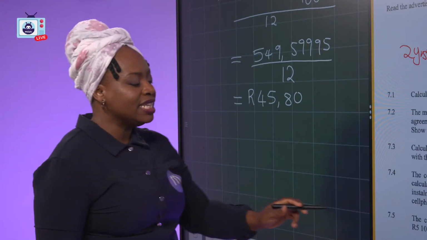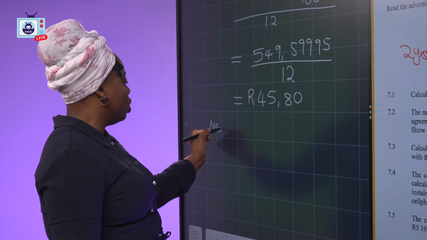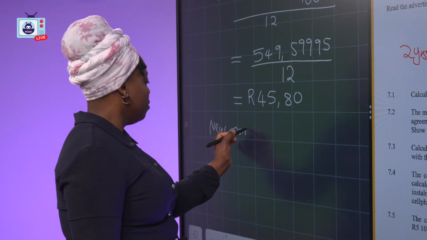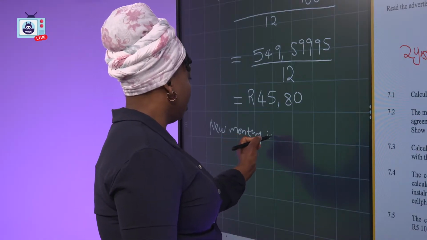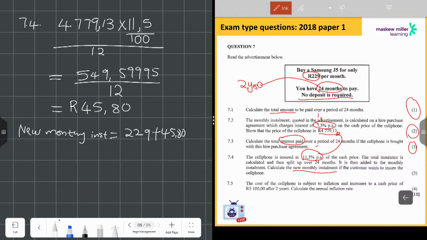So what they want is the monthly installment. So our new monthly installment is going to be 229 plus 45.80, which is 45 rand 80.